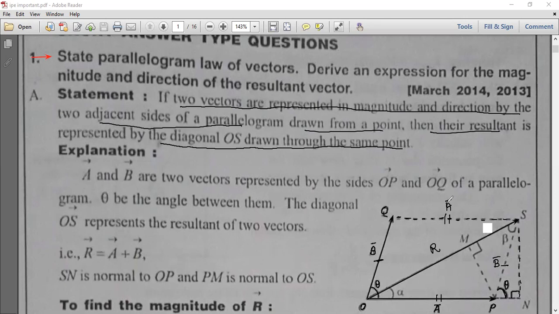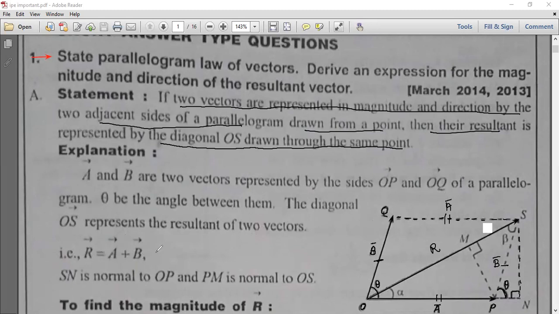Now, just write about this diagram. A bar and B bar are two vectors represented by the sides OP and OQ of a parallelogram. Next, theta is the angle between them, and the diagonal OS represents the resultant of the two vectors. That is R bar is equal to A bar plus B bar.